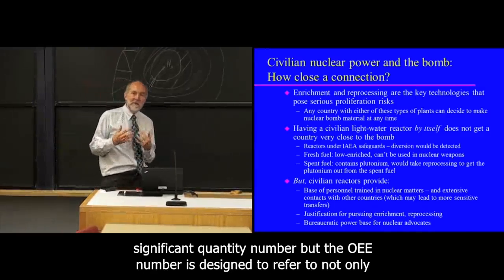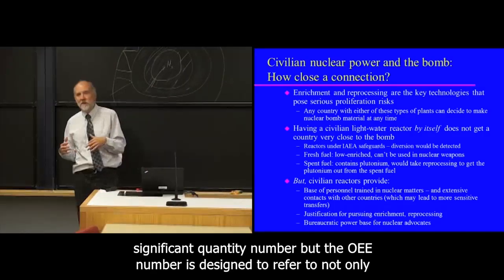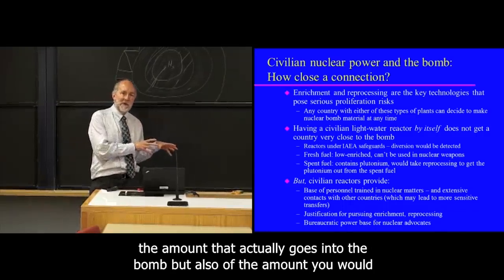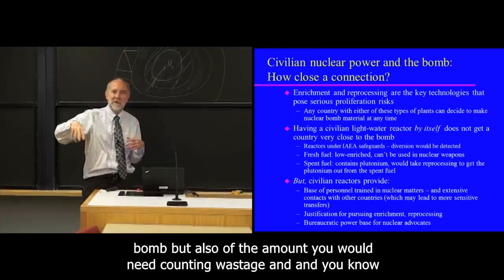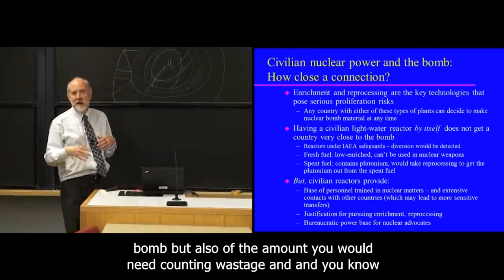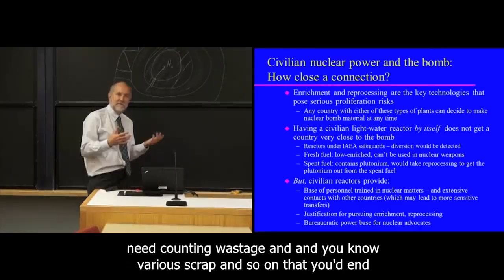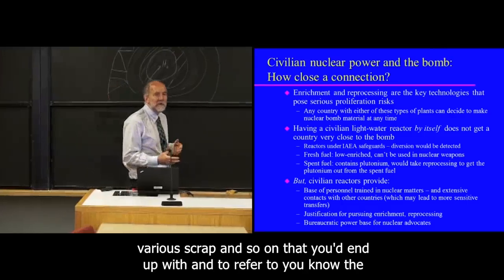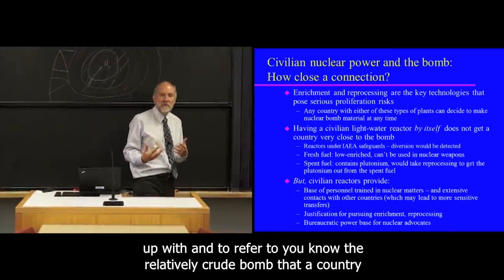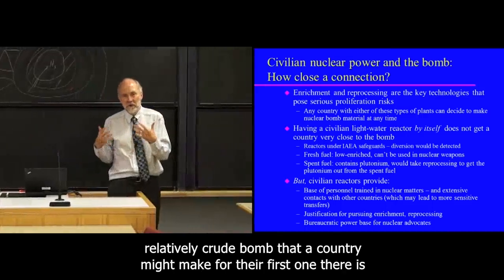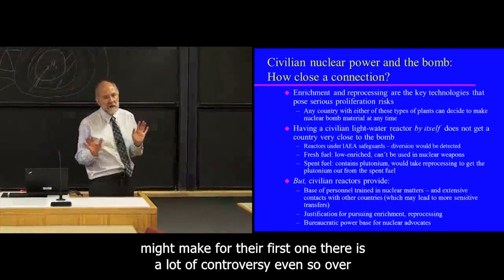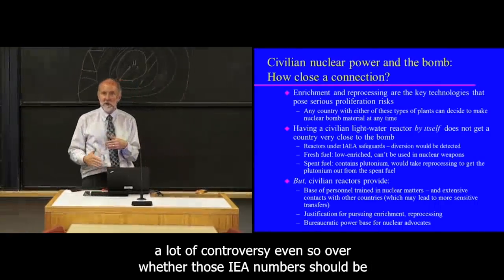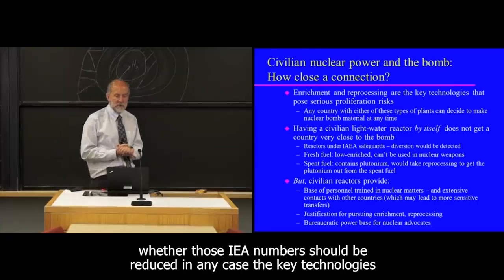But the IAEA number is designed to refer to not only the amount that actually goes into the bomb, but also the amount you would need counting wastage and the various scrap and so on that you'd end up with, and to refer to the relatively crude bomb that a country might make for their first one. There is a lot of controversy, even so, over whether those IAEA numbers should be reduced.